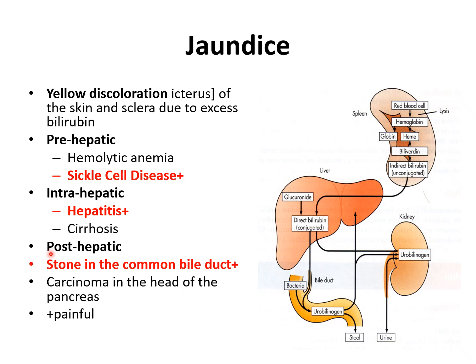And we're going to use that information, whether there is pain or not, to help us to determine which of the 6 causes of jaundice is the most likely diagnosis. We're also going to use 2 other things. We're going to talk about the color of the urine.